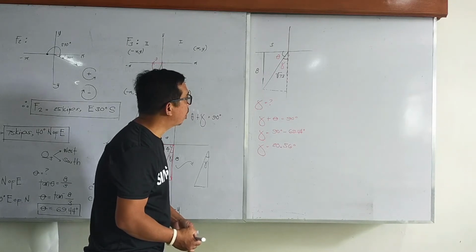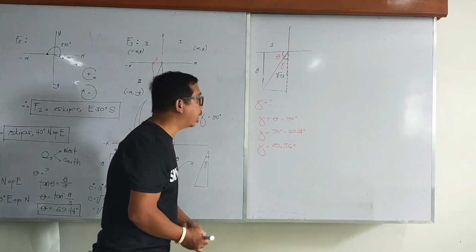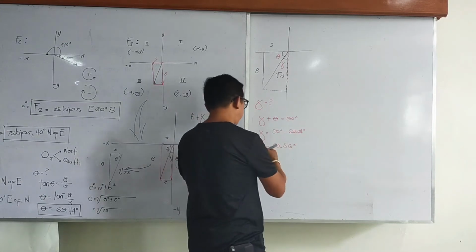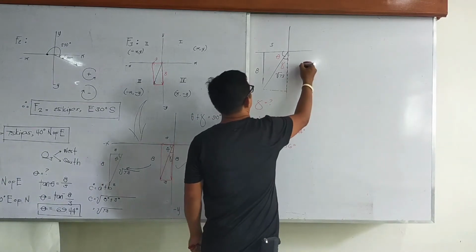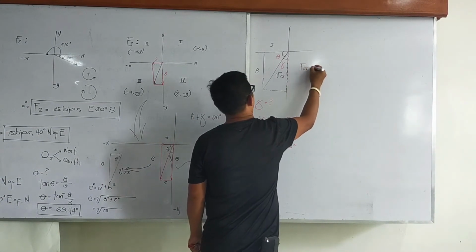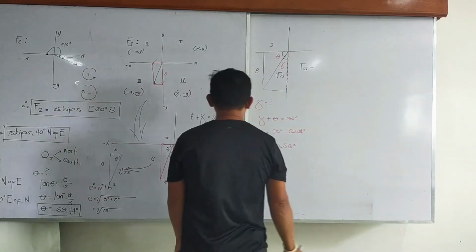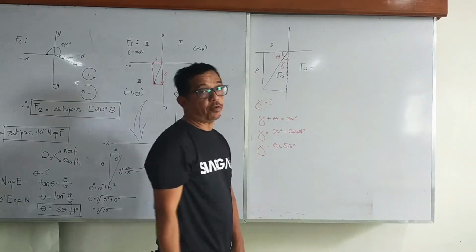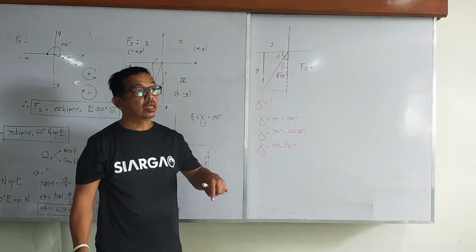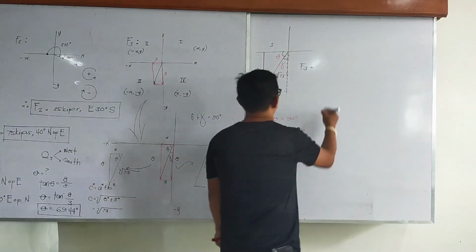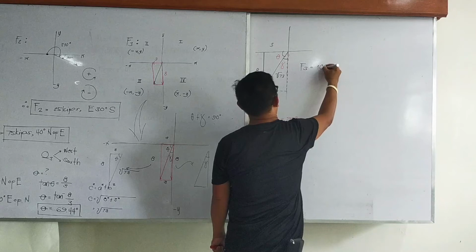So, lumalabas na ang ating F3, which is originally 100 kips, 8 vertical, 3 horizontal, quadrant 3, can now be expressed as 100 kips.